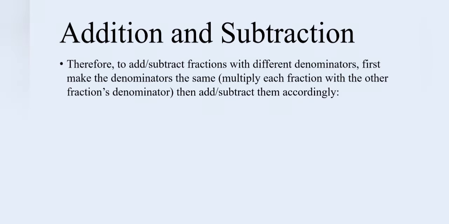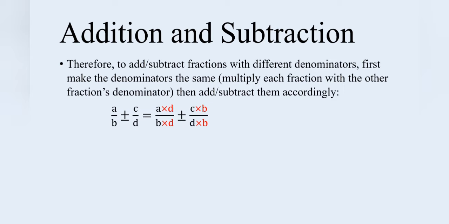Now, to add or subtract fractions with different denominators, first you need to make the denominators the same. And you need to do this by multiplying each fraction with the other fraction's denominator. Then add and subtract the fractions accordingly.